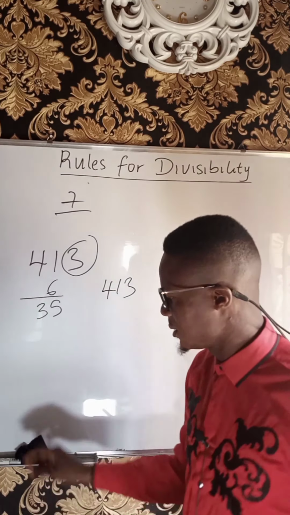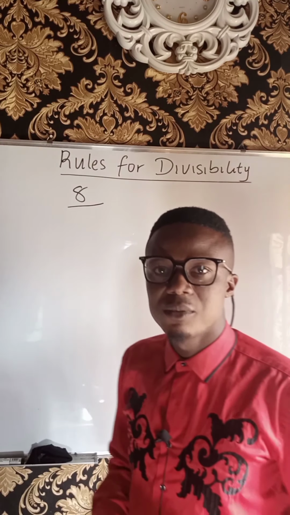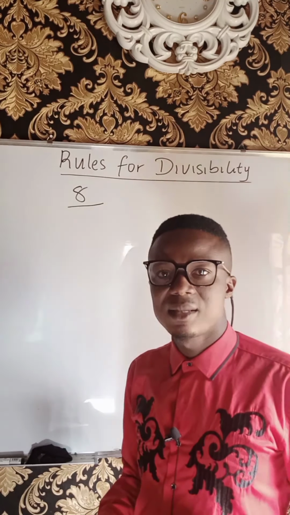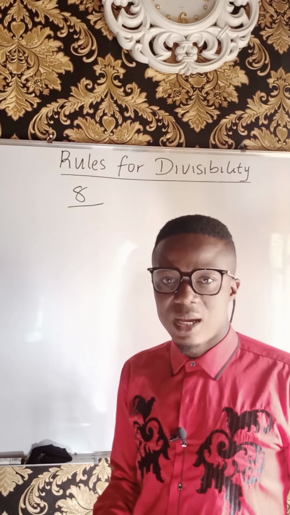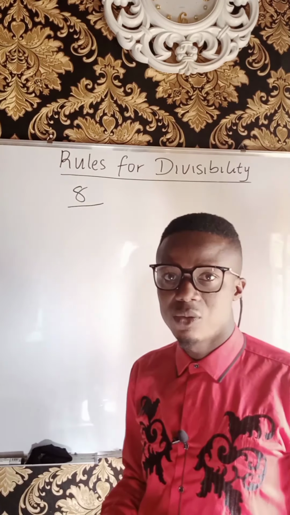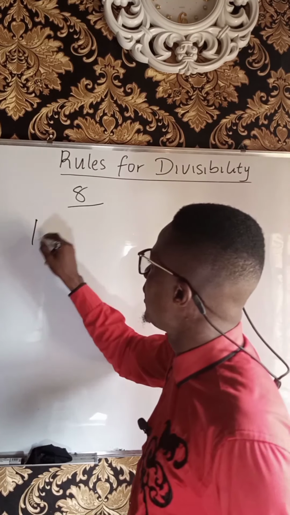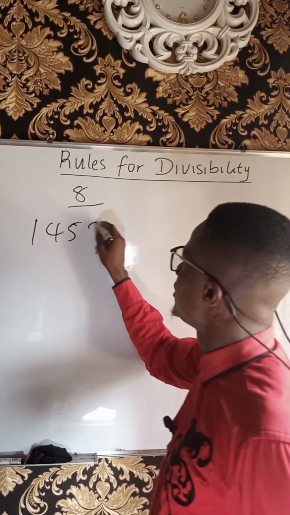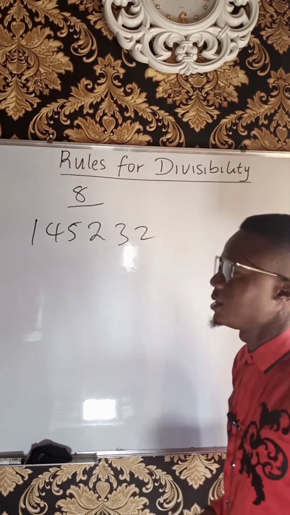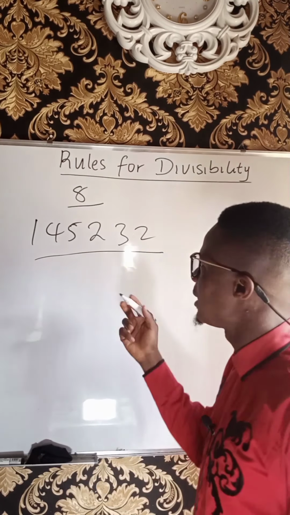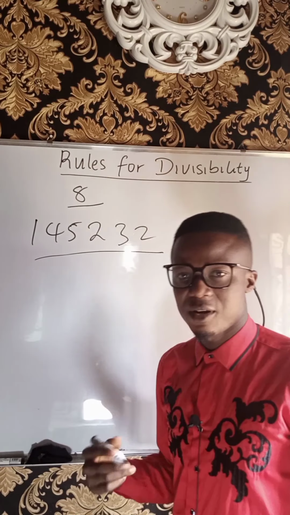Let us go for 8. How do you know if a number is divisible by 8? A number is divisible by 8 if the last 3 digits are divisible by 8 also. For example, now when you have 145232, for instance, this is a very big number, and for you to ascertain if 8 can divide this number without a remainder is very difficult.